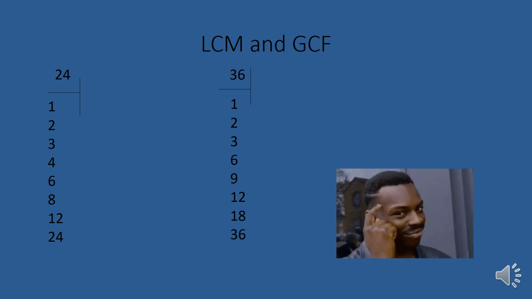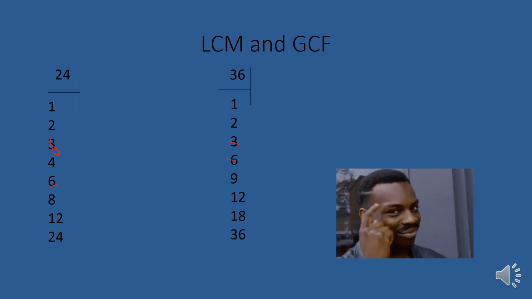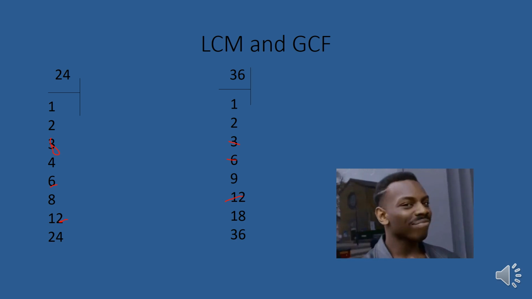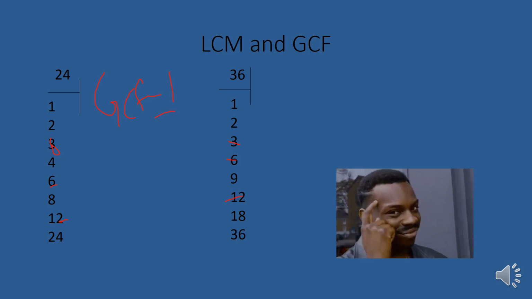So there's a 3, a 6, and a 12 in both. GCF, greatest common factor, means the greatest factor that both of them share. That makes the GCF equal to 12.